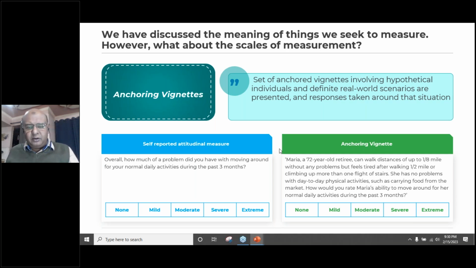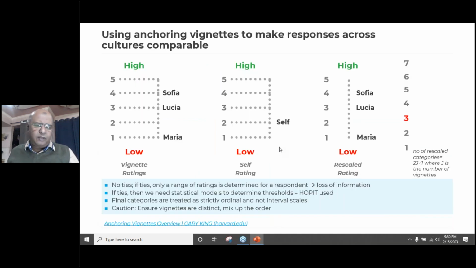Now, the reason why this is helpful is if we give, for example, more than one such hypothetical situation involving more than one hypothetical individual, and these situations are clearly distinguishable across cultures. Mobility is something where we might be able to construct such hypothetical descriptions involving hypothetical individuals from comparable groups in different cultures.